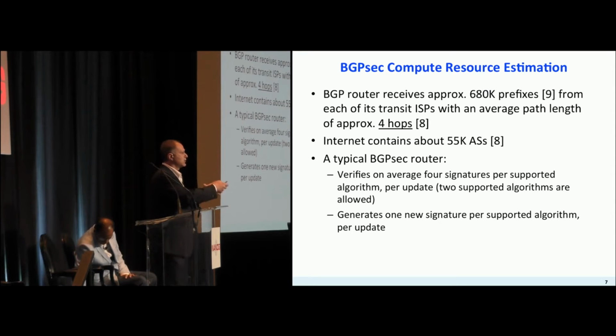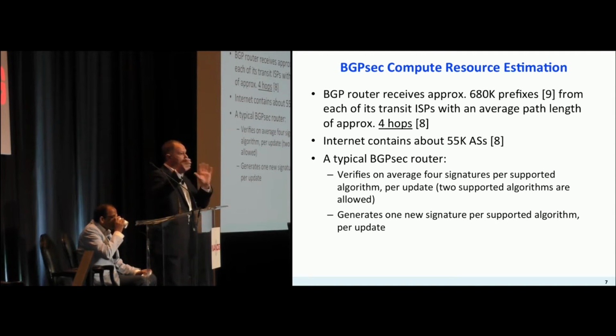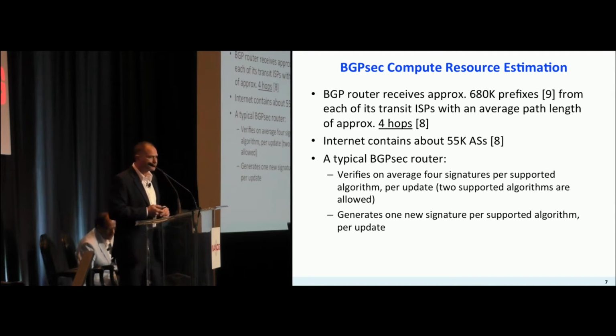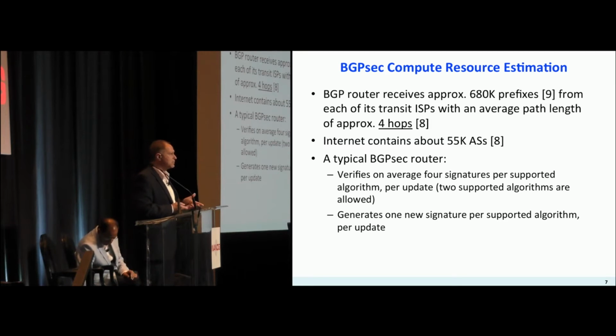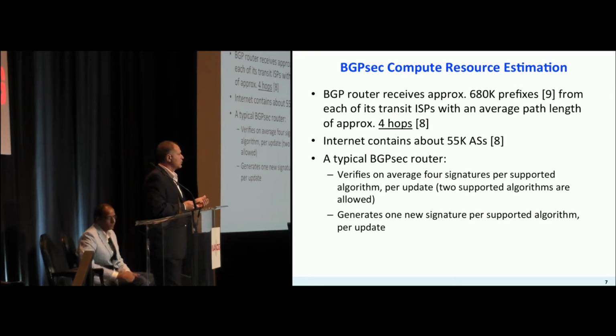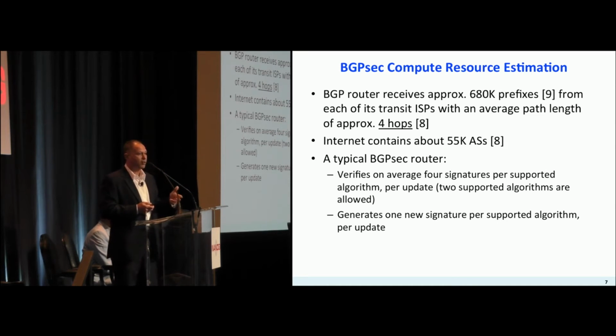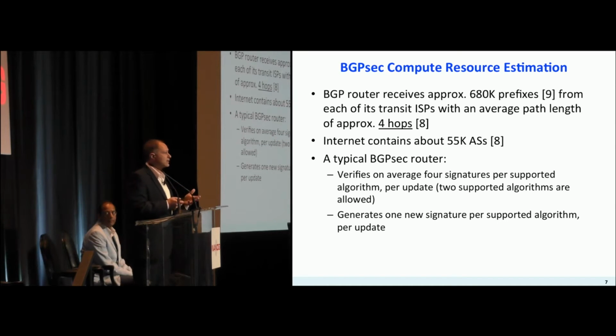There'll be certain islands supporting BGPsec, working with BGP, and over time, it will grow to be mostly BGPsec. Now, a typical BGPsec router is going to verify on average 4 signatures, 1 per hop, if you will, and that's per algorithm supported, per update.